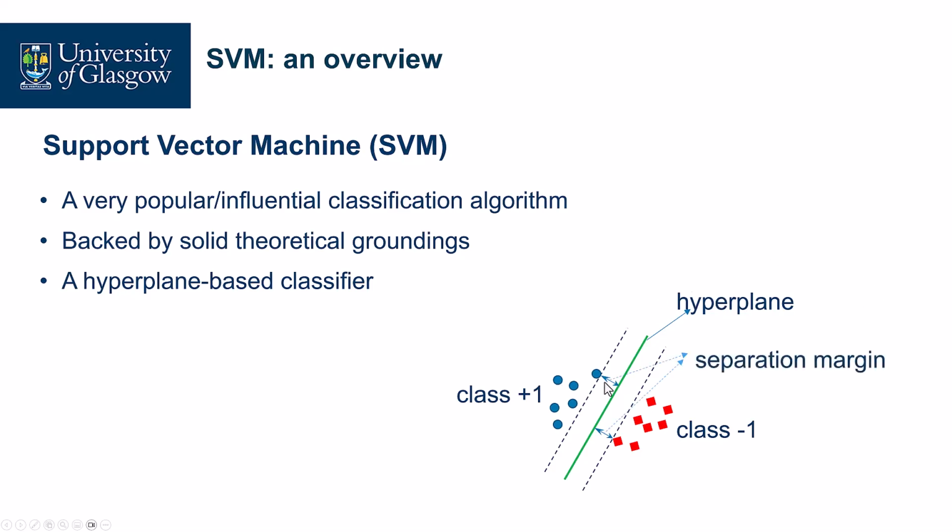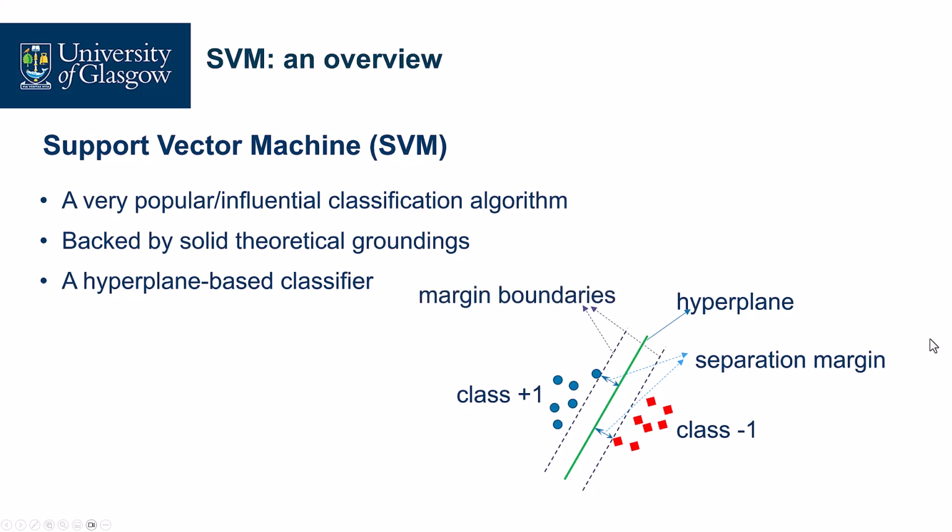And for this point and this point, we can see these are the nearest points to the hyperplane, right? We can see the distance between the dashed line and the green line. We call it the separation margin. Another concept, the dashed lines themselves, we call them margin boundaries.